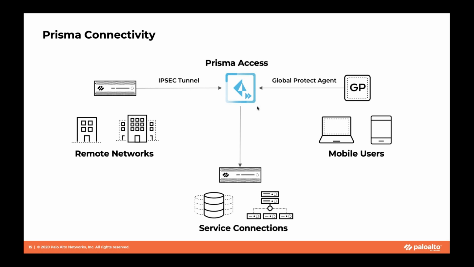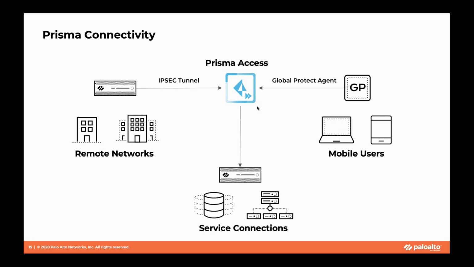Now, this is how you would use Prisma Access in the real world. So we have the Prisma Access Cloud. Here we have our data center or our HQ, or this can also be our workloads in Amazon or Azure, for example.